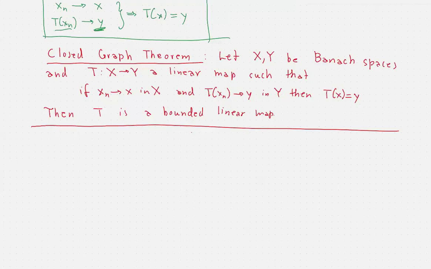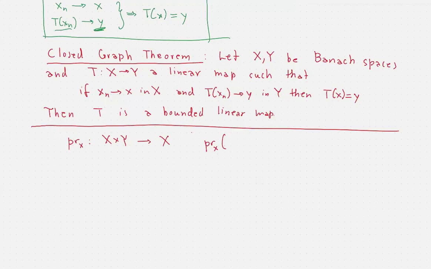So consider the two projections. Projection onto X from X cross Y to X, which sends the pair (x, y) to x. Then this is continuous. Why?